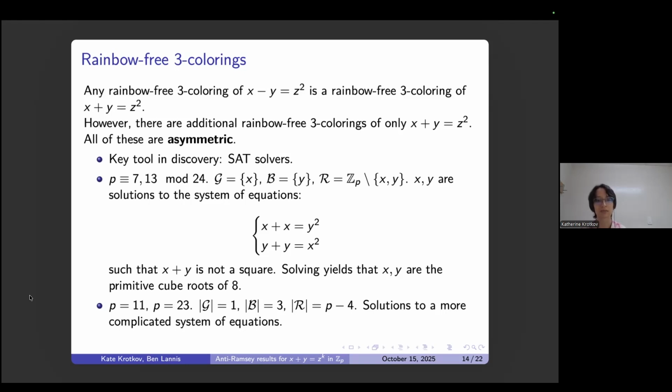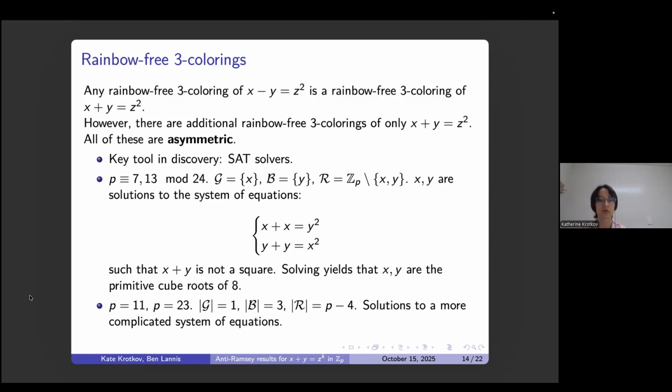And for our problem, using the SAT solvers, if there is a rainbow-free three coloring, that corresponds to the SAT solver saying the formula is satisfiable, and it can tell us what the specific coloring is. And this is great because SAT solvers are deterministic in the sense that if you tell it to generate every single rainbow-free three coloring, it will do that. And you can be sure that that's all of them, and there are no more.